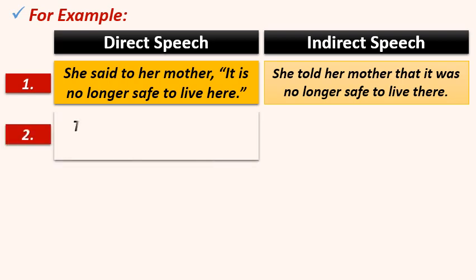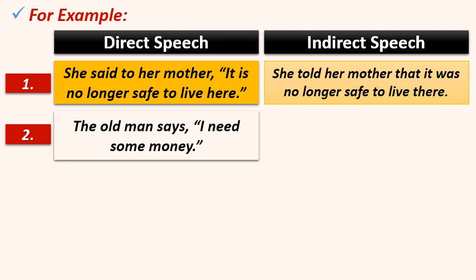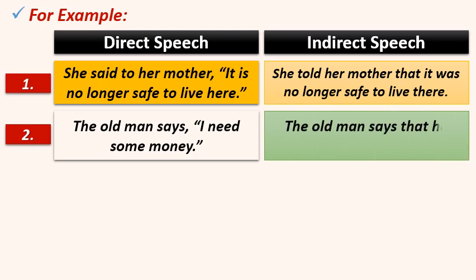Number 2 is: The old man says, "I need some money." So when we will change the same sentence into indirect speech, the sentence will be: The old man says that he needs some money.